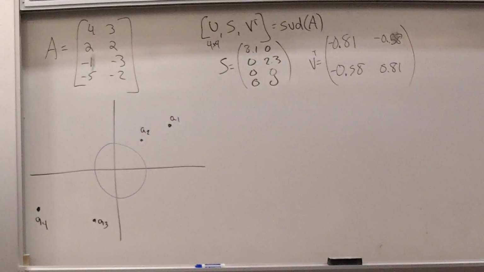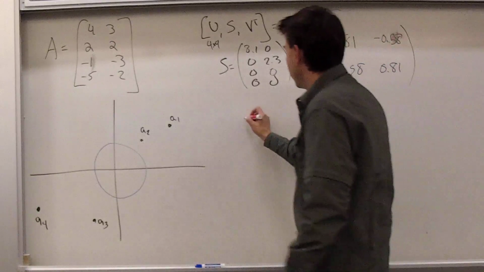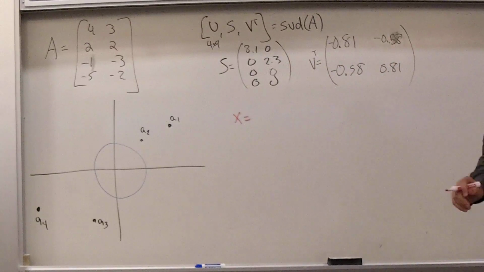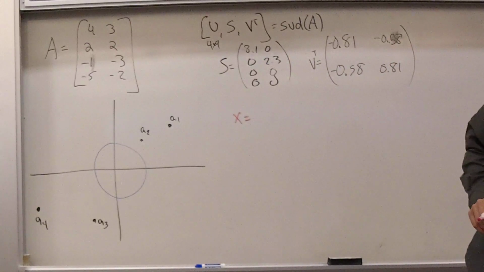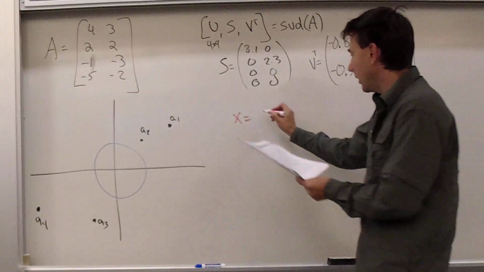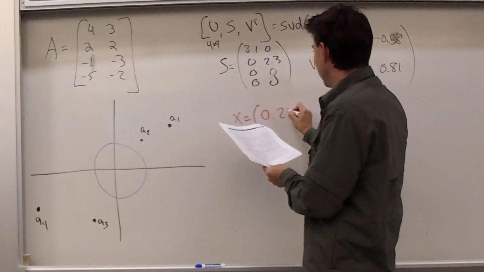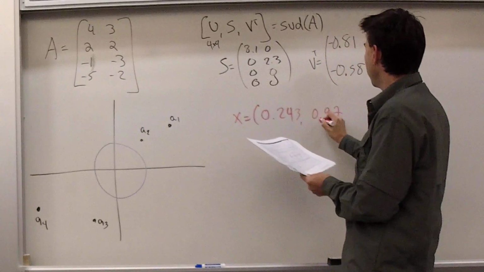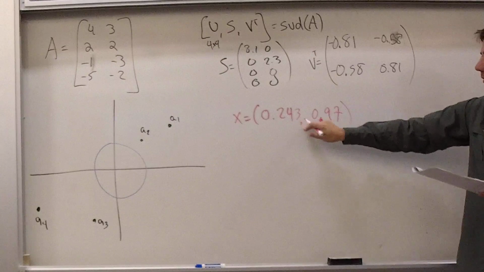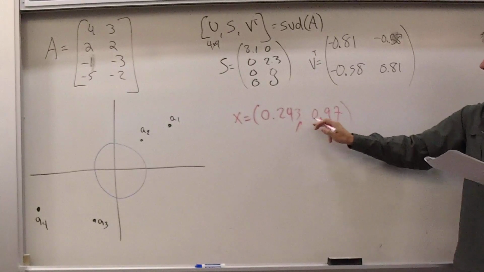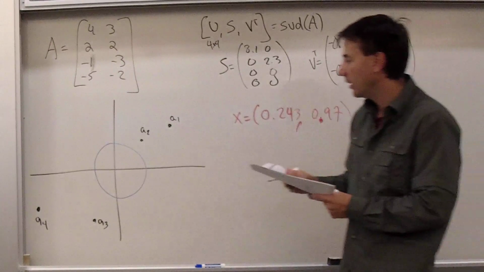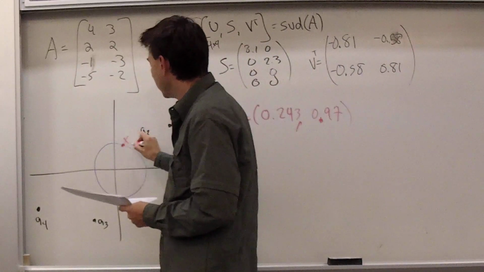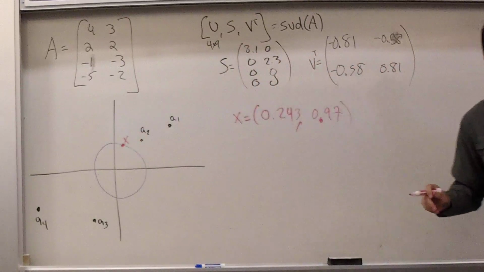Let's start with some data point, x equals 0.243, 0.97. So this is almost the unit vector. It's going to be about right here. Okay, so this is x.